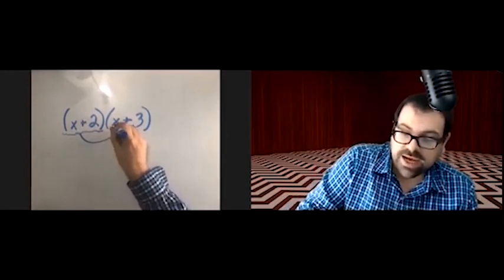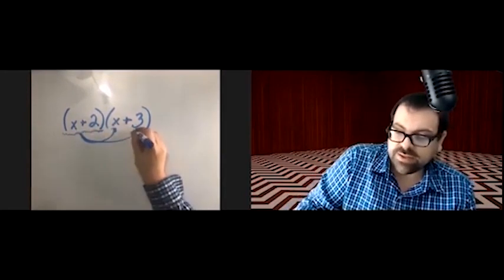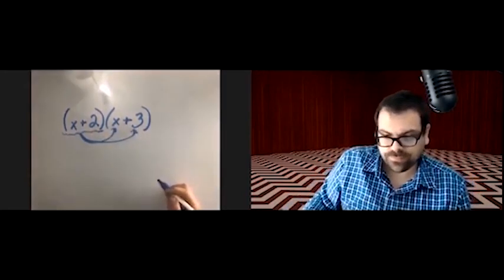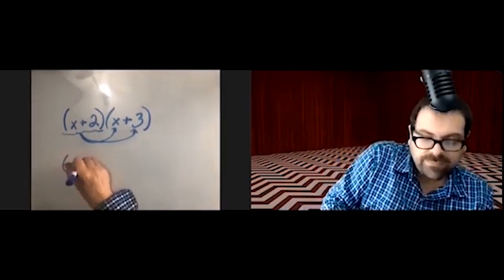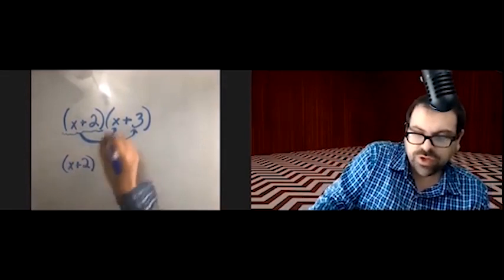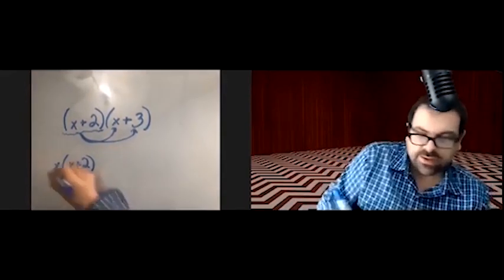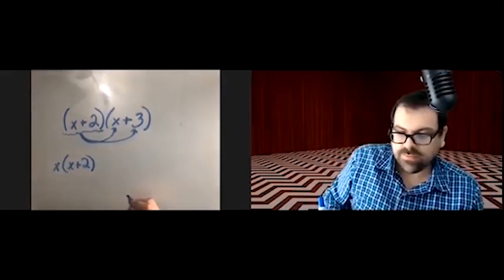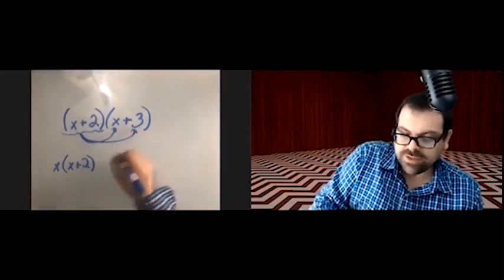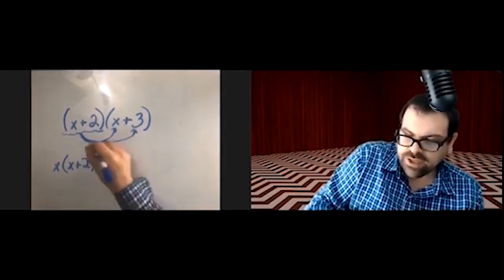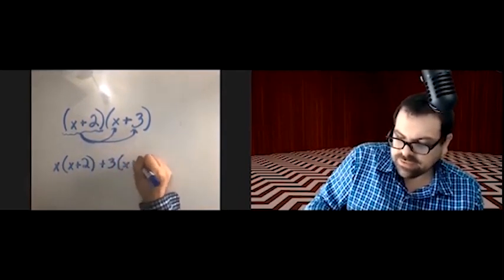And we can multiply it by each of these things. That means we would have x plus 2 times x, and then we would have x plus 2 times positive 3. So positive 3 times x plus 2.